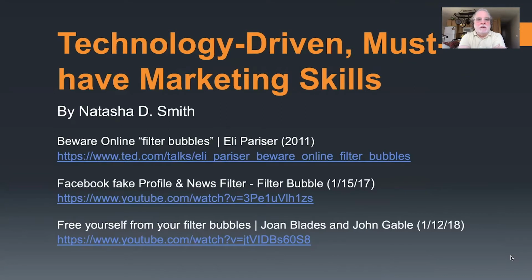Meaning that in this first video by Eli Pariser, the online filter bubbles, a kind of famous video from 2011, it's really about Google or Yahoo or Comcast or Verizon tracking our internet activity and then using that activity to frame any kind of search we would do or any banners that might appear on the side of a browser while we're trying to do stuff.